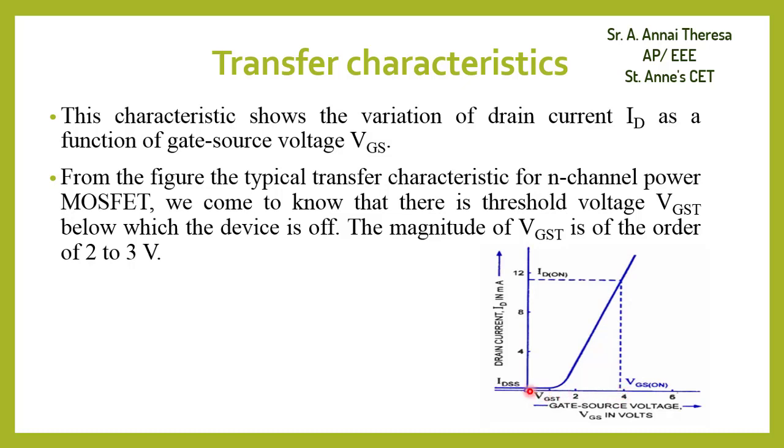Only when the voltage reaches this threshold value does the device turn on. This VGST value is in the order of 2 to 3 volt; it may be 2 volt or 3 volt or any value in between.